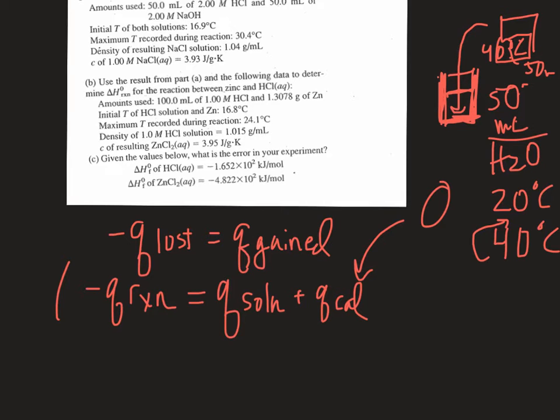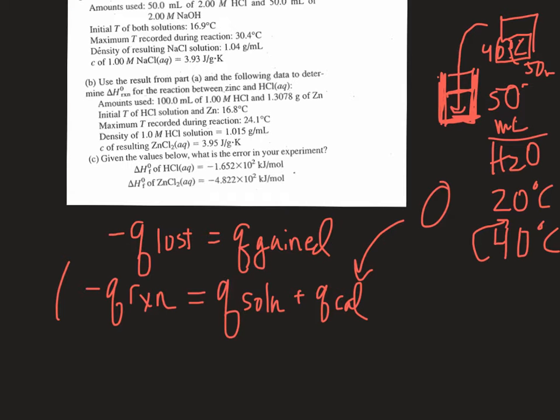However, it's always a little bit lower because the cup itself absorbs a little bit of that heat energy. So the difference between what you expect it to be, 30, and what it turns out to be, let's say 29.6, that 0.4 degrees difference is due to heat absorbed into the cup itself.